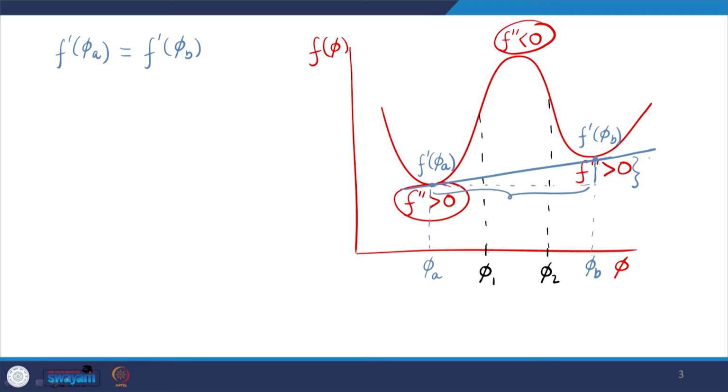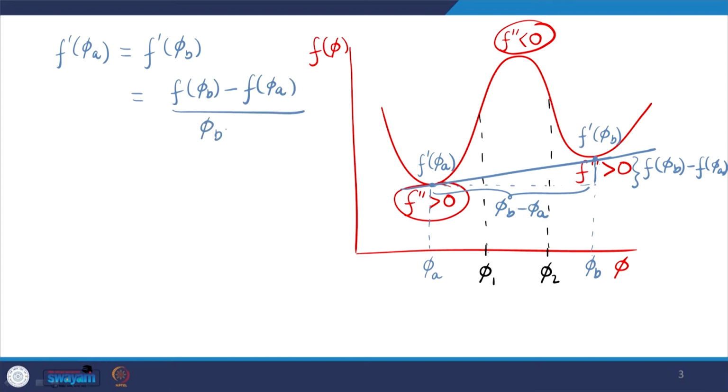So, the y axis is f phi B minus f phi A, and the x axis is phi B minus phi A, and therefore the slope is given as f phi B minus f phi A divided by phi B minus phi A.